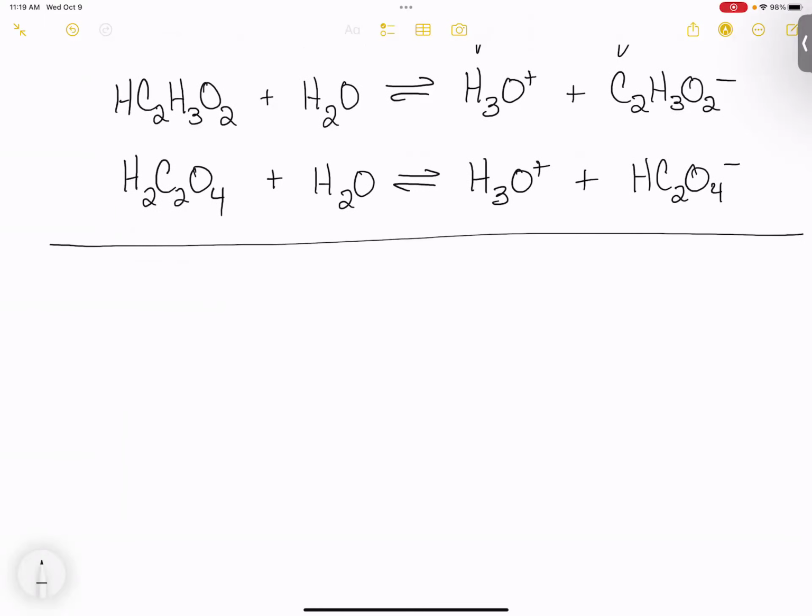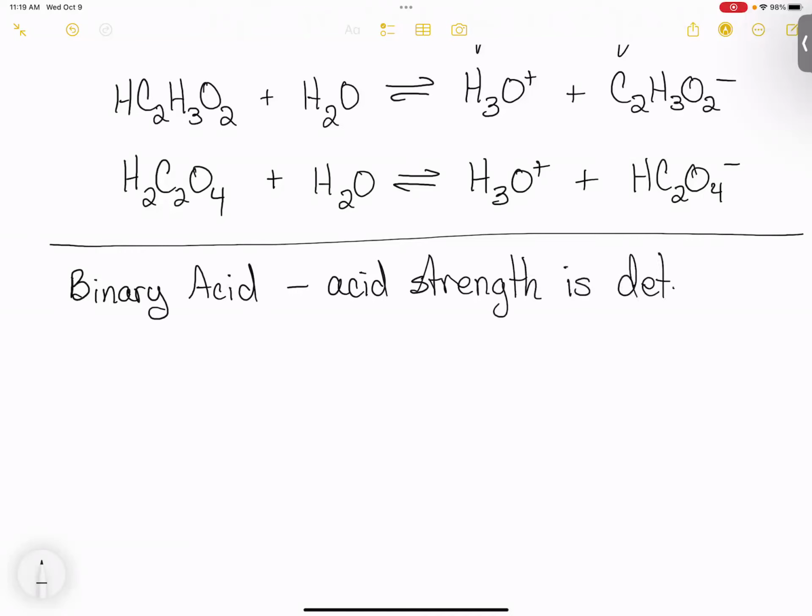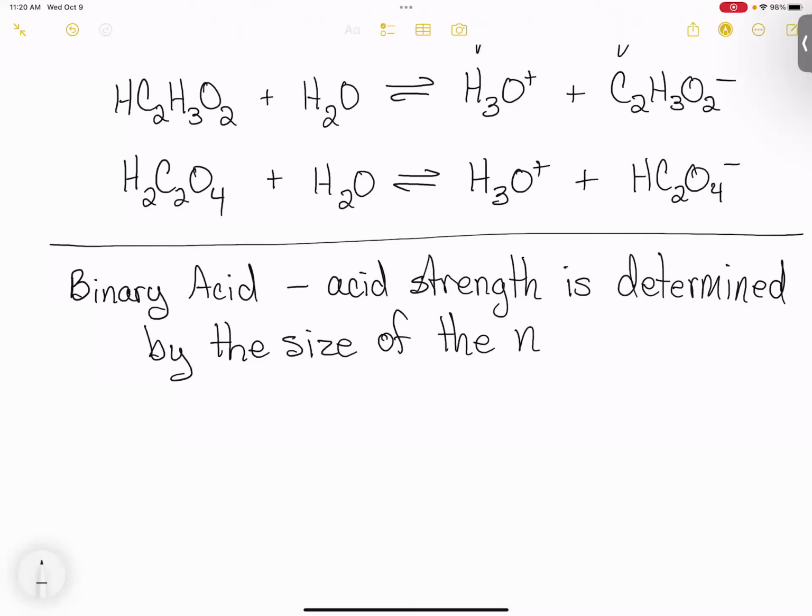For a binary acid, acid strength is determined by the size of the non-hydrogen element.